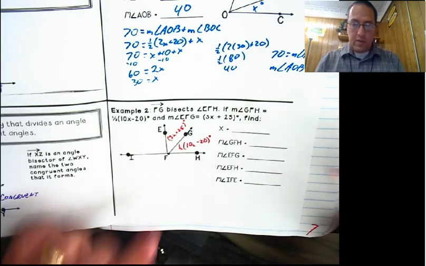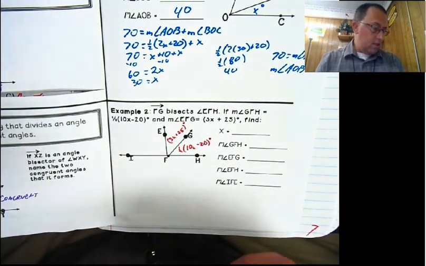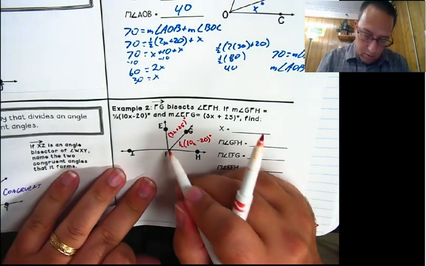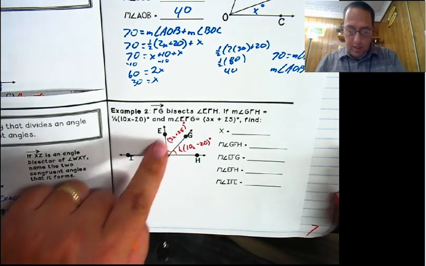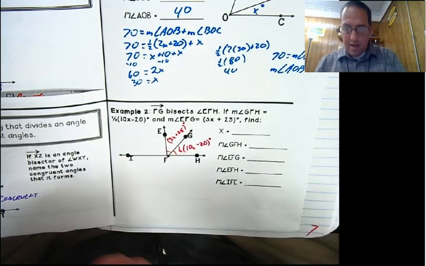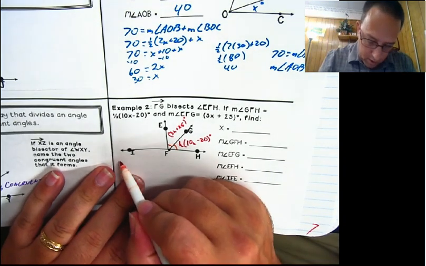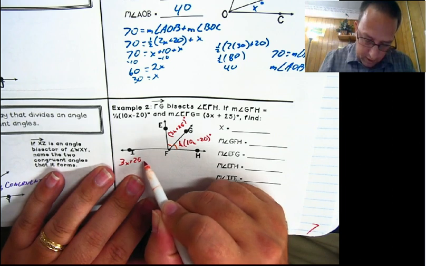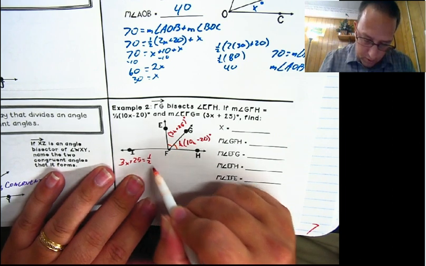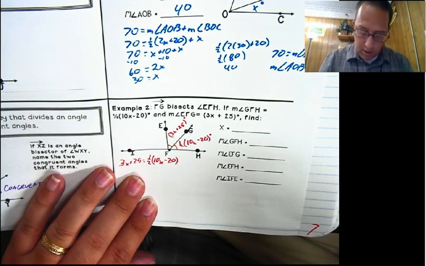Well, we know that FG is the bisector, which means that these two are congruent, which means this must equal that. So let's set them up that way. 3x plus 25 equals 1/2 times (10x minus 20).